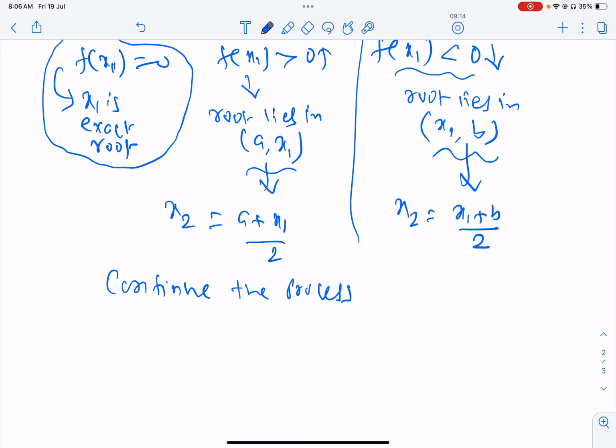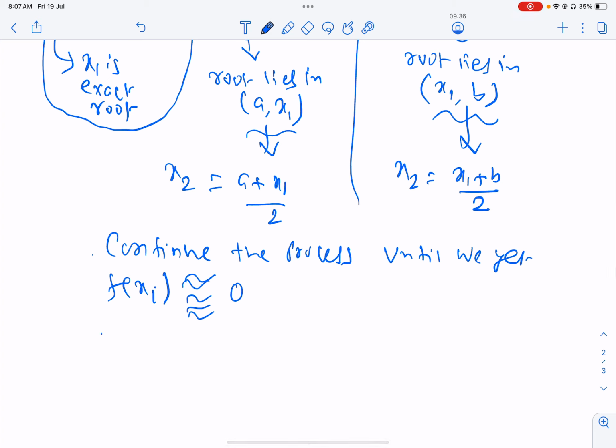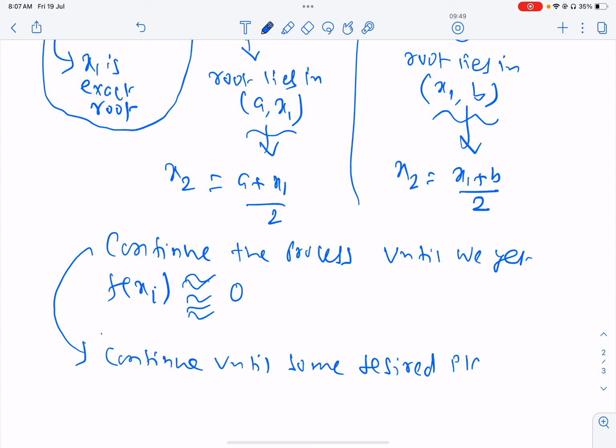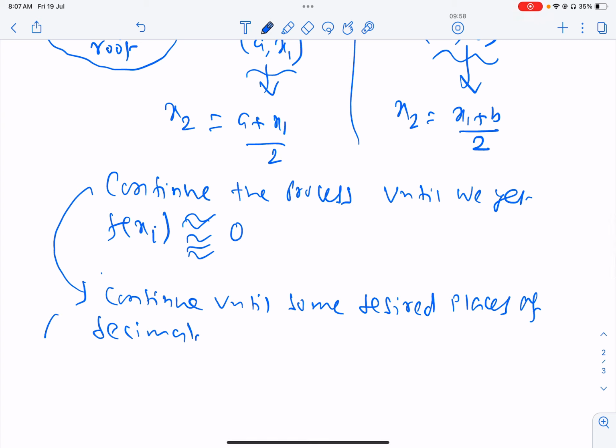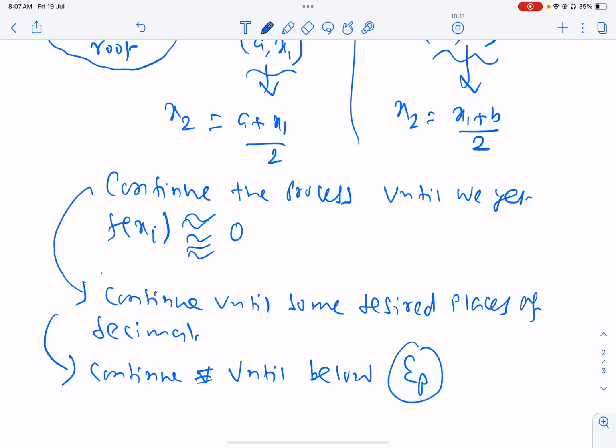We need to continue the process until we get f of xi very much near to 0, not exactly 0 but very much near to 0, or you can say continue until some desired places of decimal, it will be given in your question, or continue until below some percentage error.